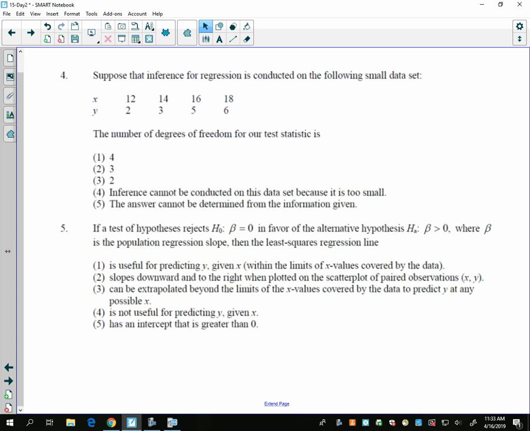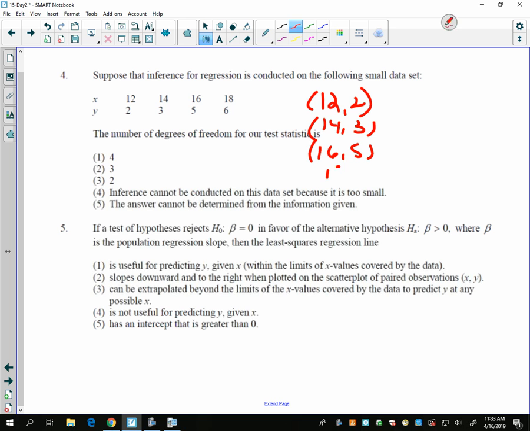It's n minus 2. N is 4, because there's just 4 data points: 12 comma 2, 14 comma 3, 16 comma 5, and 18 comma 6. So 4 minus 2, which is 2.